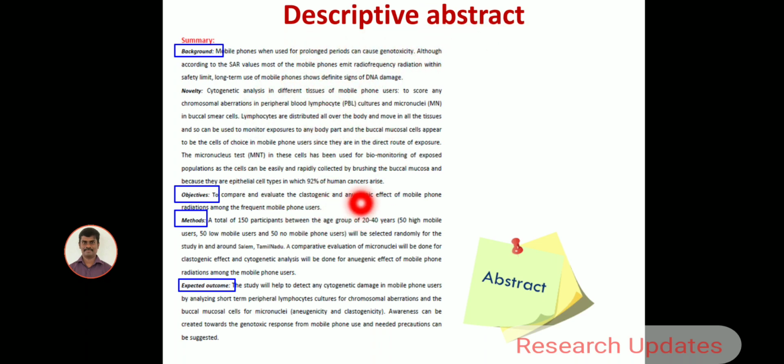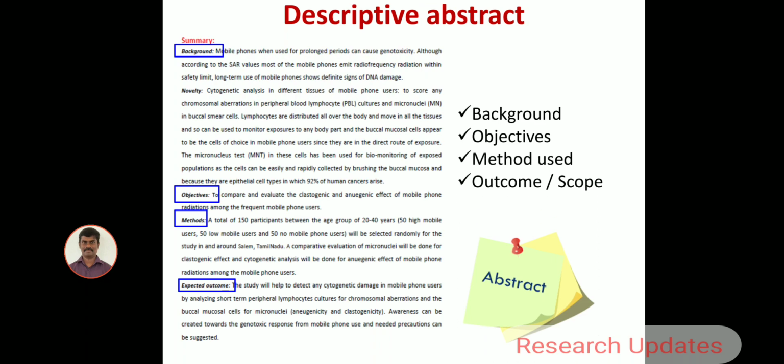Please note, remember always, the results and conclusions will not be there in a descriptive abstract. So only the four things have to be included, that is the background, objectives, methods used, and the outcome or the scope of your project. So this is an example for your descriptive abstract.